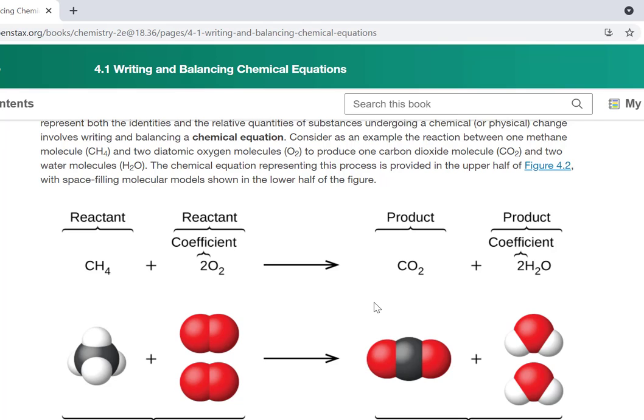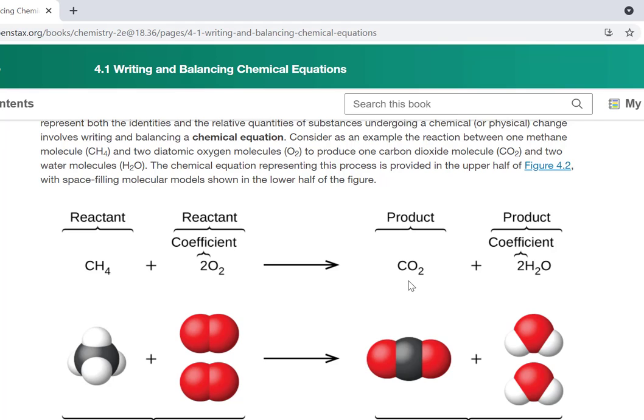One other thing that shows up in the chemical equation are some numbers in front of the substances in the reaction. These are called coefficients. So the 2 in front of the oxygen is a coefficient. Same thing for the 2 in front of the water. For the methane and the carbon dioxide, we're not writing it, but we assume they have a coefficient of 1.